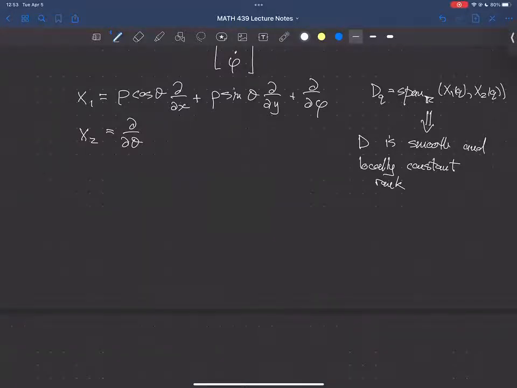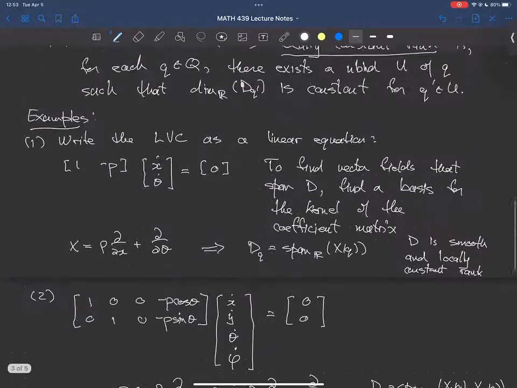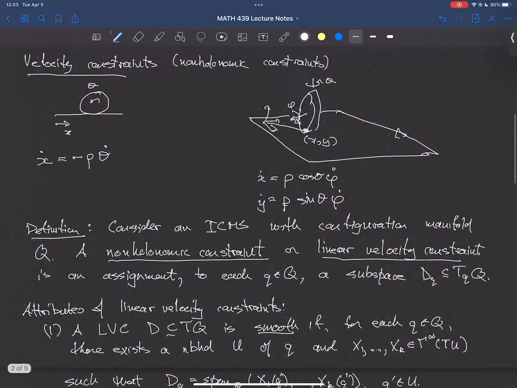Something that we mentioned last time, but now let's talk about it a little bit more carefully, right? And that is that in this example, the velocity constraints are such that really, although we have a two-dimensional configuration manifold, really the configuration manifold is one-dimensional, okay?